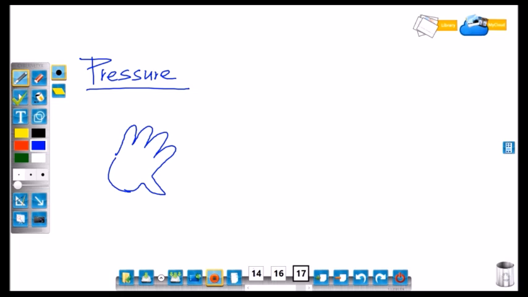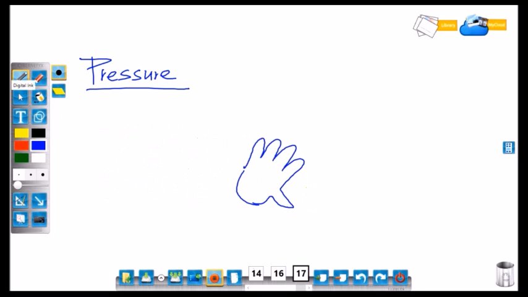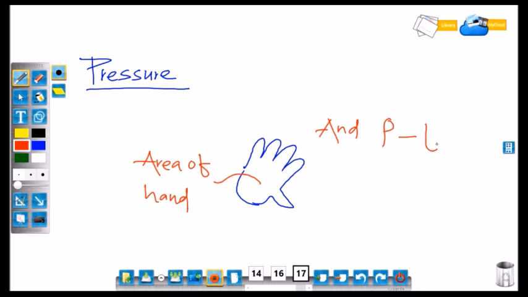If you are applying force by hand on the door, this is the area of your hand and P is the force applied by your hand.